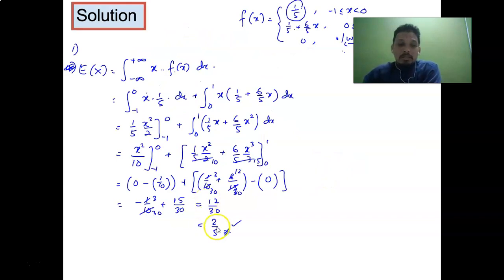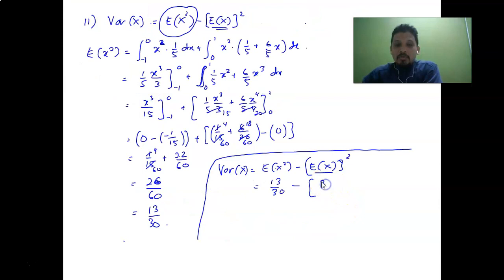Let's see the result of this, which is 2 over 5. So then 2 over 5 in brackets squared. So then 13 over 30 minus 2 squared equals 4, 5 squared equals 25. Okay, so let's simplify this. 30 and 25.